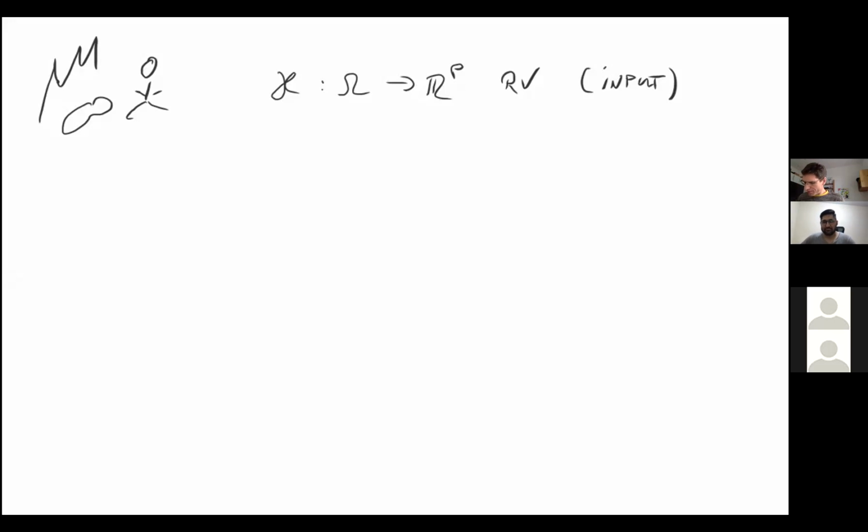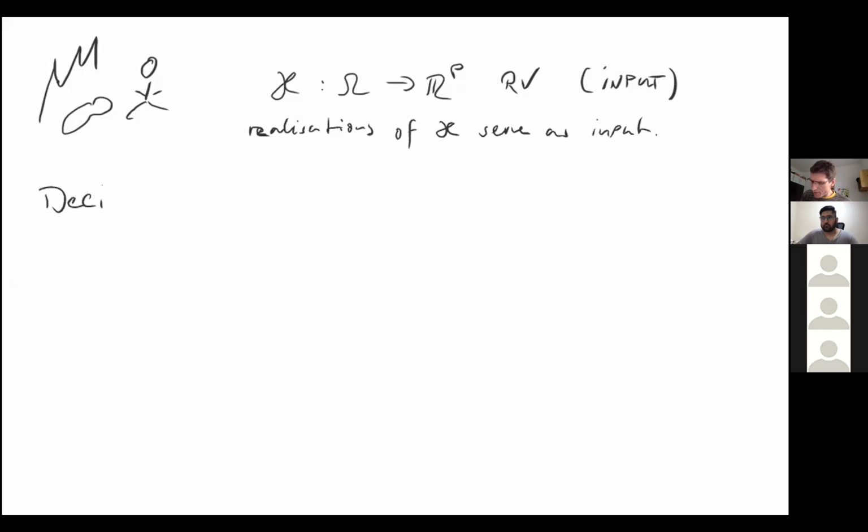And it's about making decisions. So these are the realizations of X. They serve as an input to our algorithm or to our computer. And in decision making, what is decision making about?